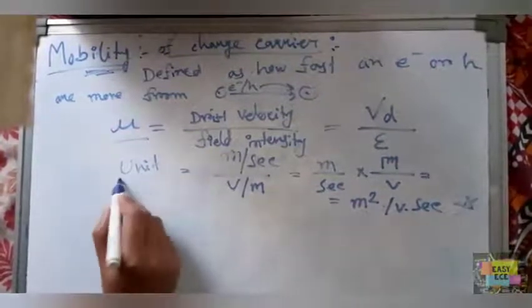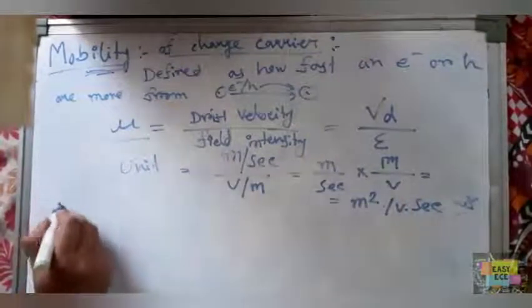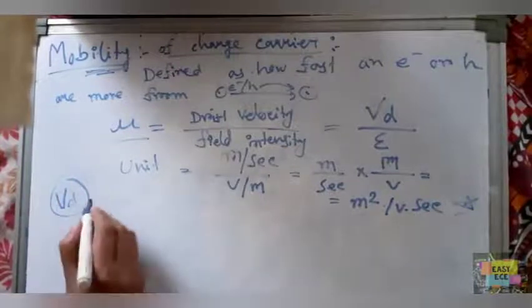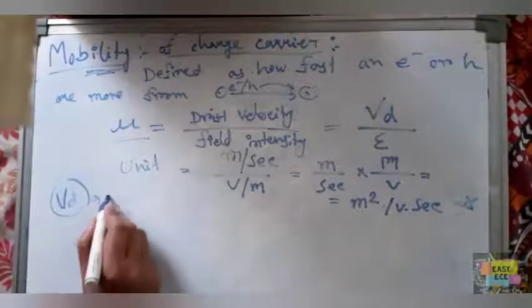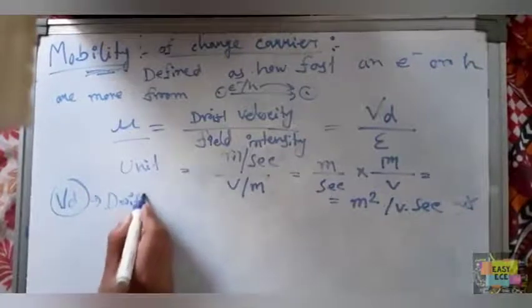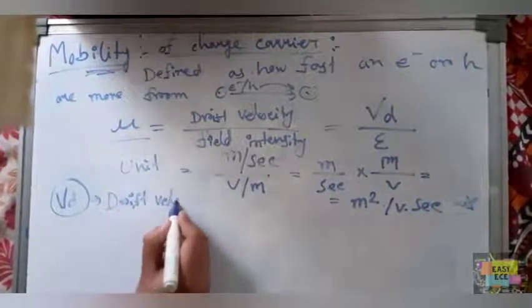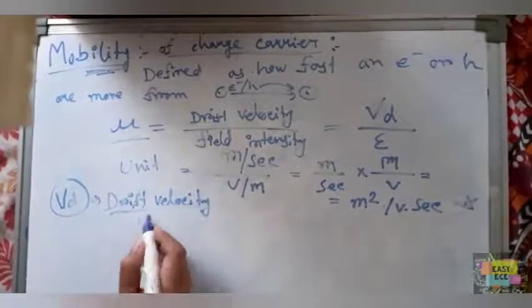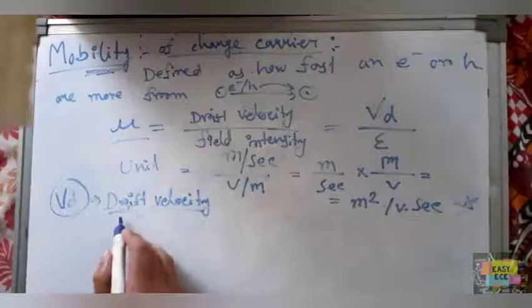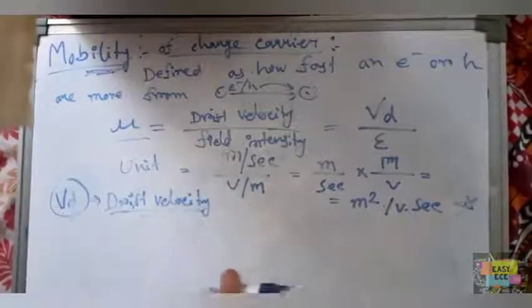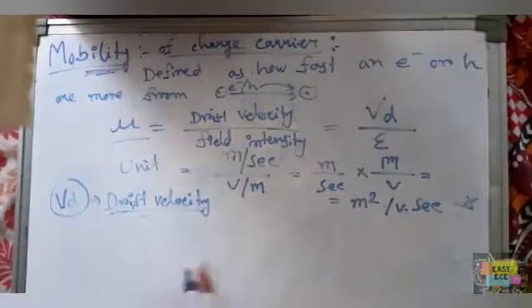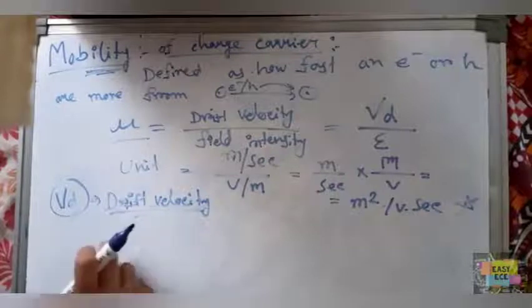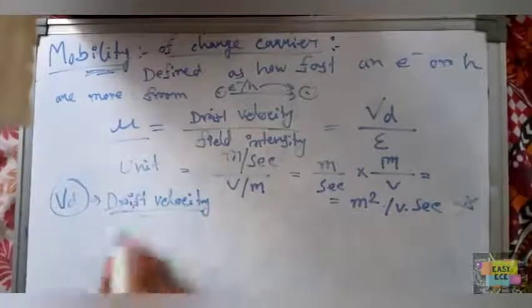Now what is Vd? That is drift velocity. What is drift velocity actually? Drift velocity is the velocity of charge carriers, that means electrons or holes, under an electric field.